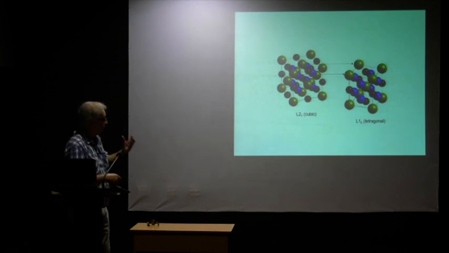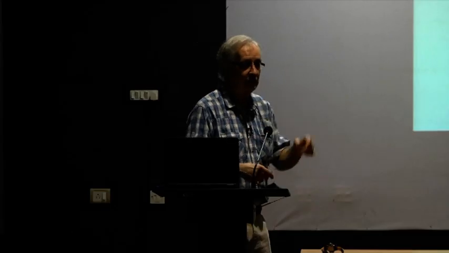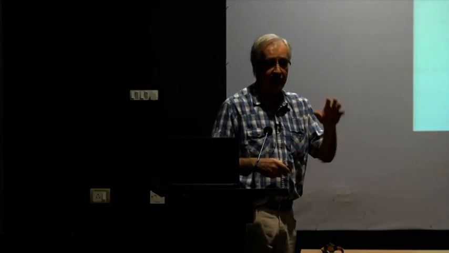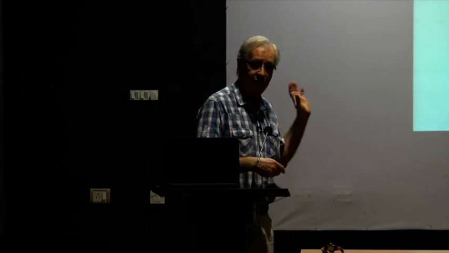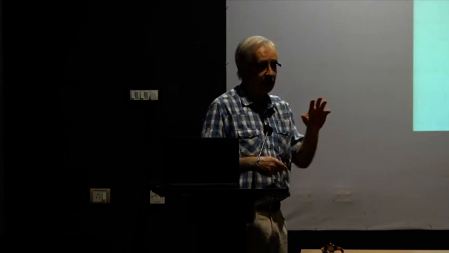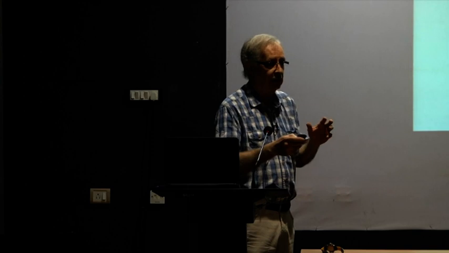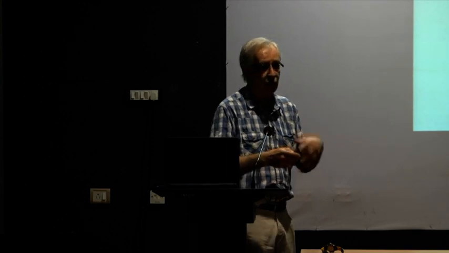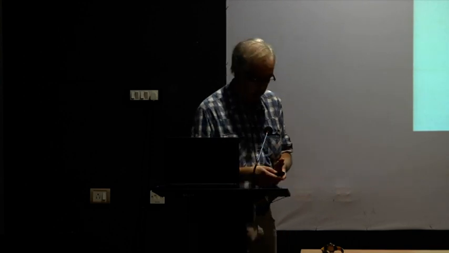And then you can visualize a tetragonal state out of this cubic state. Now if you take this out, and then if you deform it, you have the martensitic transition in these things.